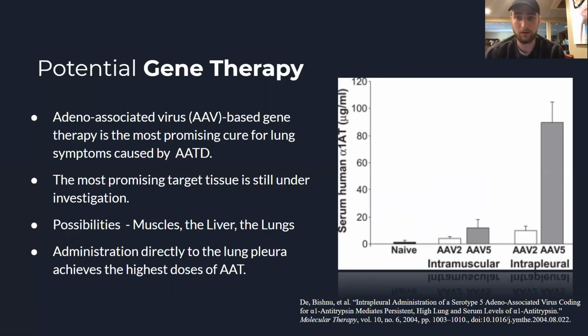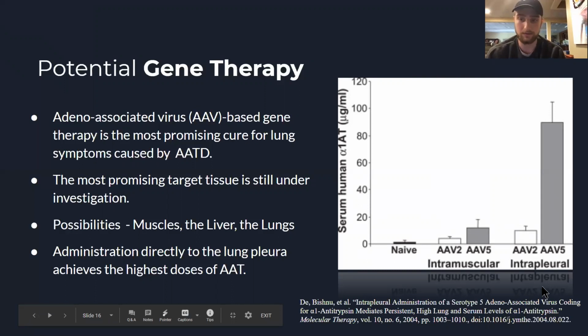So for gene therapy, this requires high doses, and that can lead to liver inflammation and also decreased muscle health. Therefore, the most successful strategy for treating AATD in the lungs is to deliver the vector directly to the lung.